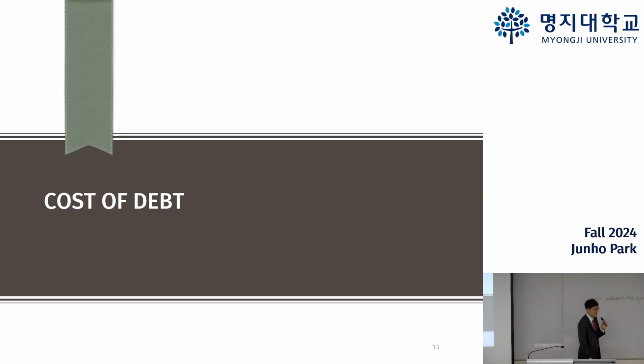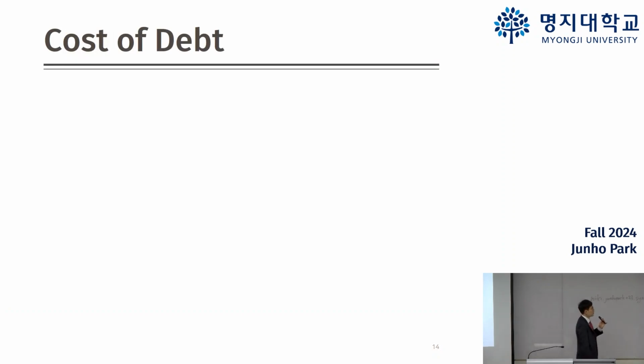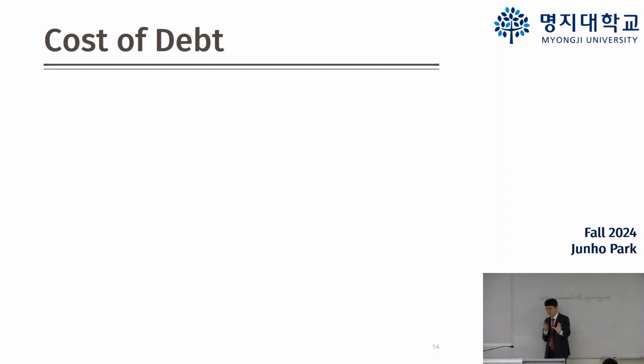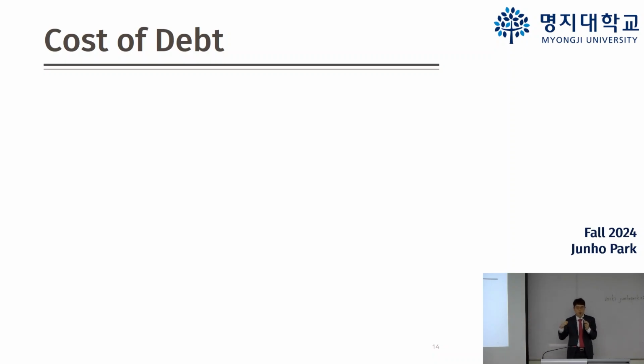And next, we have cost of debt. As a company, you often have two primary choices. You can raise capital from stockholders or shareholders. On the other hand, you can finance your projects through borrowings. For example, you can visit a bank and borrow from there, or you can issue some bonds.